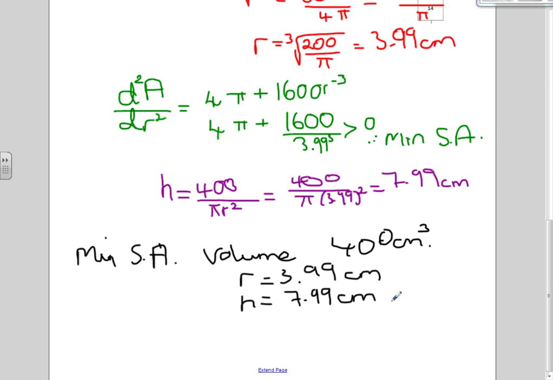So we managed to use differentiation to find the minimum surface area of a can to hold 400 centimeters cubed of soup.